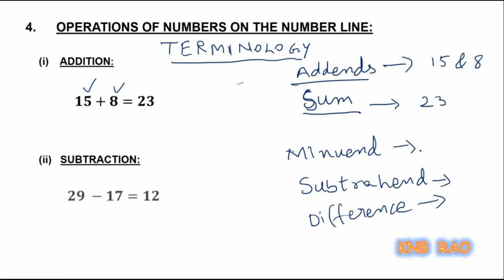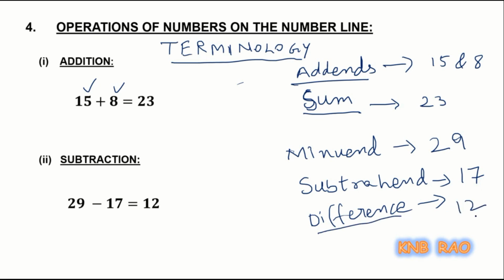For example, in 29 minus 17, the number from which we are subtracting, 29, is called minuend. The number we are subtracting, 17, is called subtrahend, and the result at the end is called difference. Here 12 is called difference. So you need to know these terminologies related to addition and subtraction.